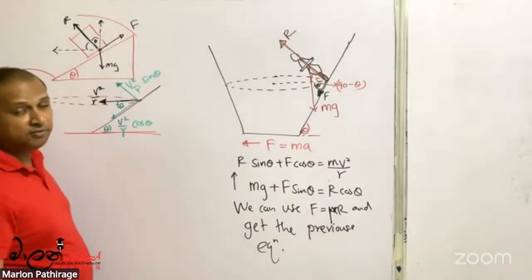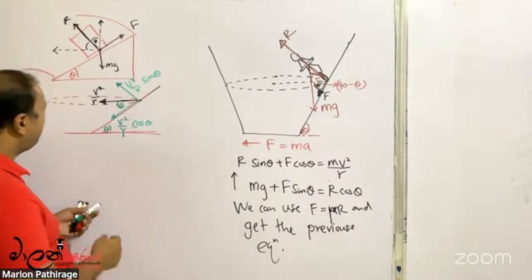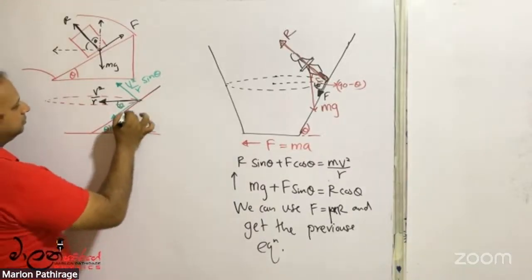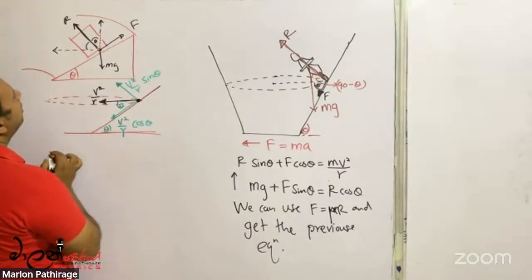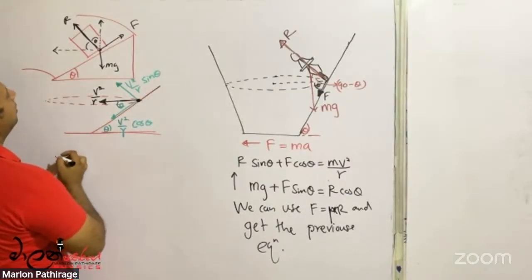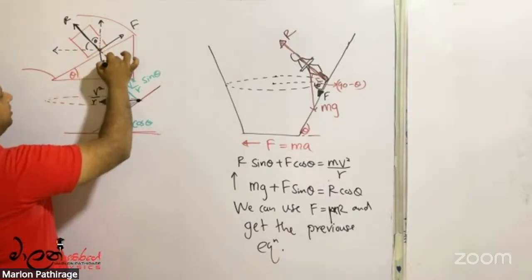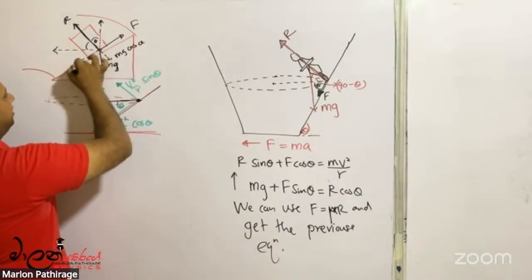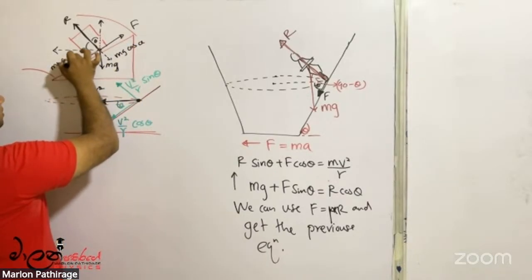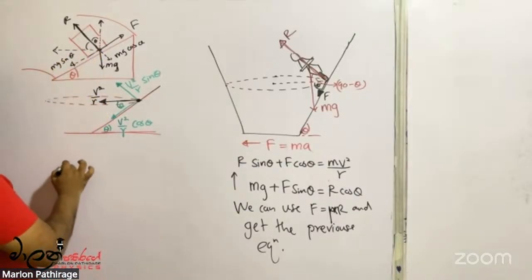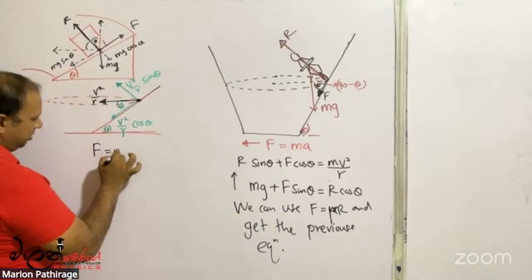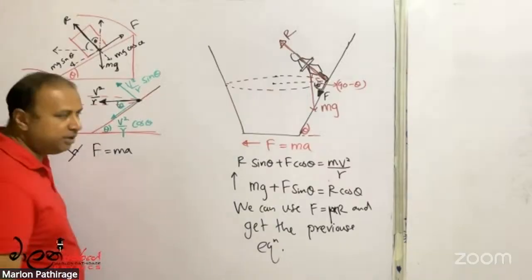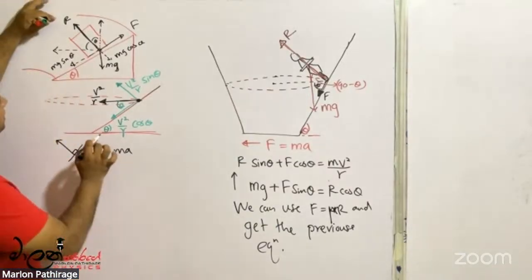We have to remember that part. And therefore, if I apply F equal MA, into this side is mg cos theta, into this side mg sin theta. So if I apply F equal MA into the perpendicular direction of the inclined plane, now it is very clear.